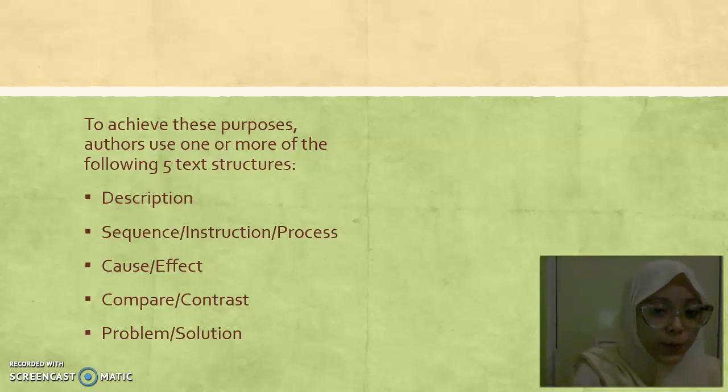To achieve these purposes, authors use one or more of the following five text structures: description, sequence or instruction or process, cause or effects, compare or contrast, and problem or solution.